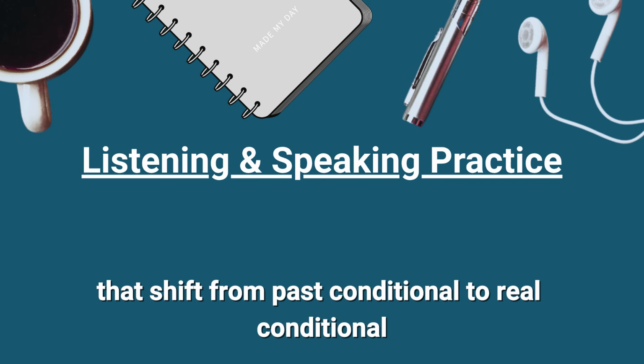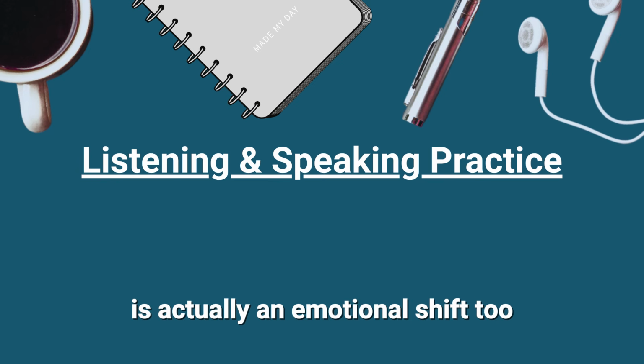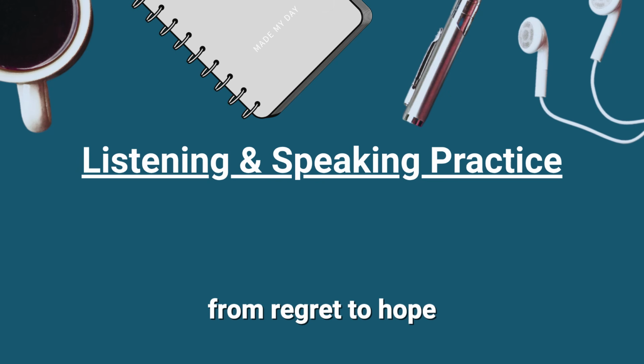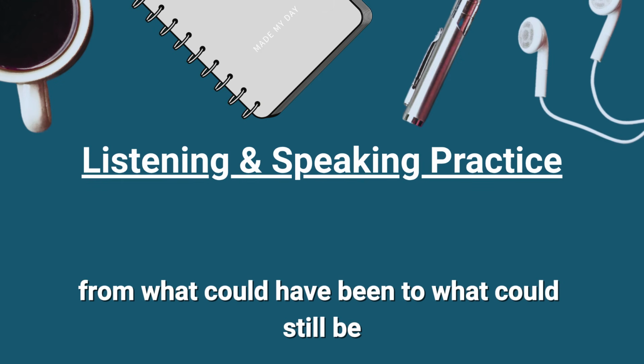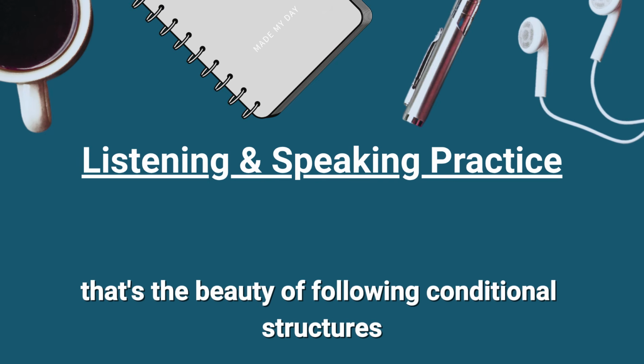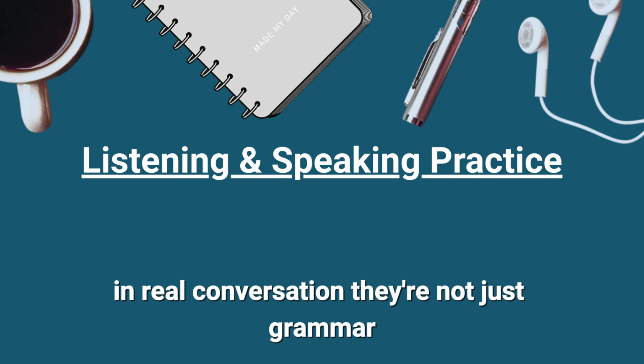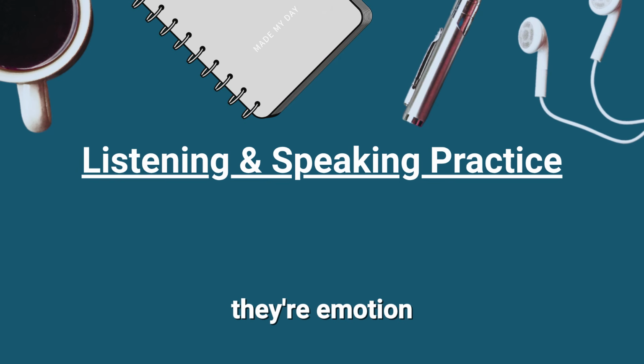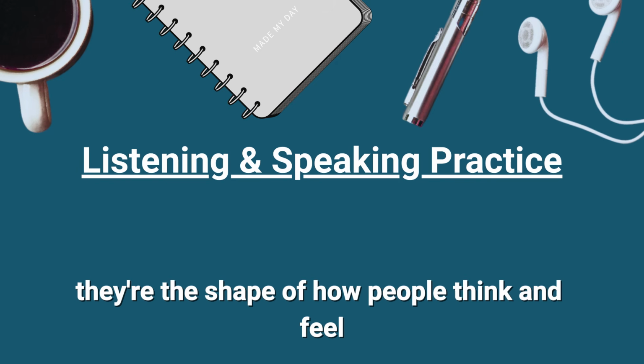That shift from past conditional to real conditional is actually an emotional shift too. From regret to hope. From what could have been to what could still be. That's the beauty of following conditional structures in real conversation. They're not just grammar. They're emotion. They're the shape of how people think and feel.